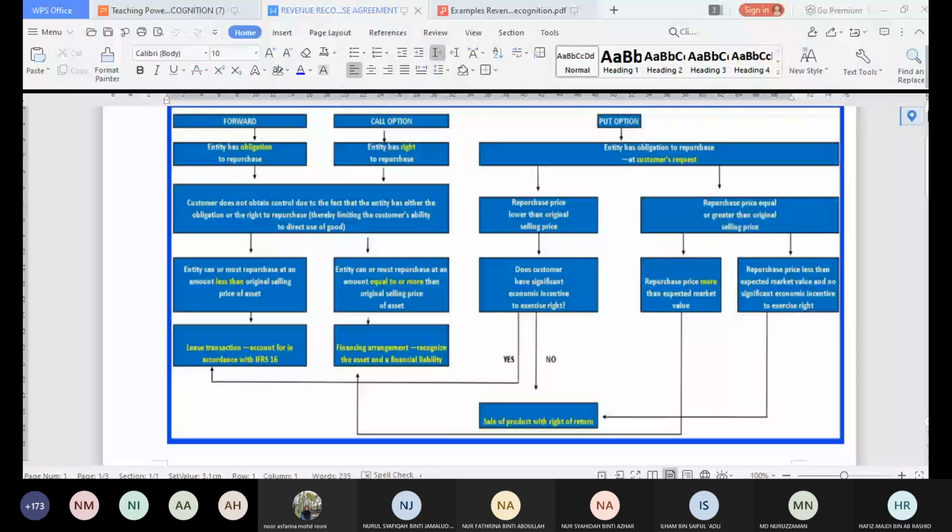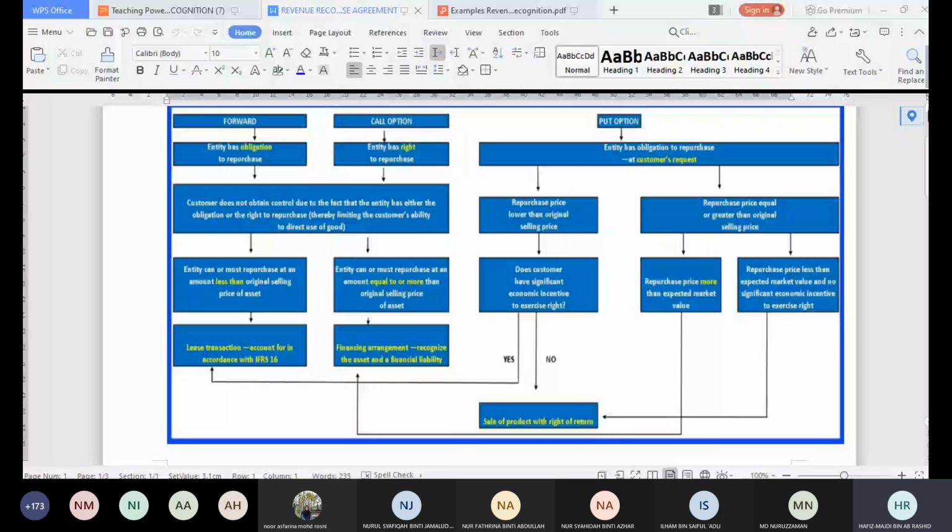The basic idea here, in order to provide an additional guideline of how a company would treat a repurchase agreement, is that you will need to look into the repurchase price. I just sum up a conclusion from this table, and I will also upload this table.